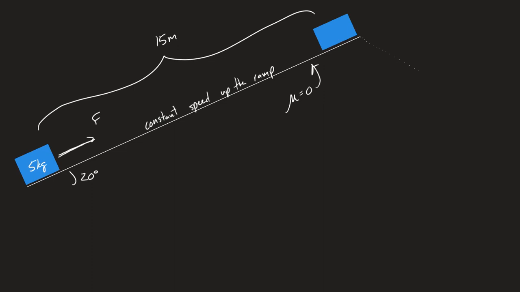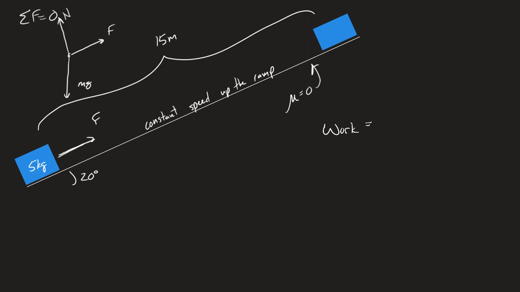If I want to find work, then in this case, with it saying constant speed, I'm probably going to use the idea that the net force has to be 0 for it to move with constant speed. I see 3 forces: the applied force, weight, and the normal force.